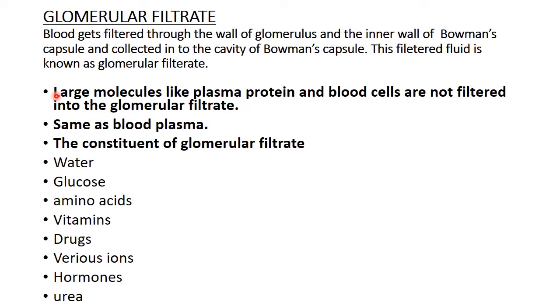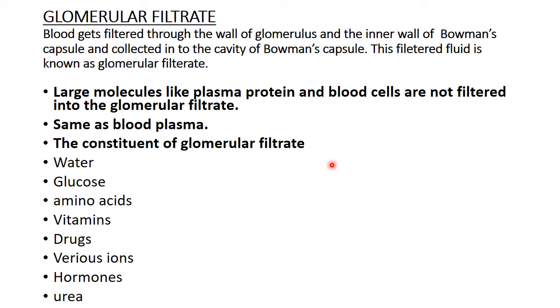You should remember, large molecules like plasma proteins and blood cells are not filtered into the glomerular filtrate because these are large size particles. They cannot be filtered by the wall of the glomerulus and Bowman's capsule. So this filtrate is the same as blood plasma. Why is it the same as blood plasma?